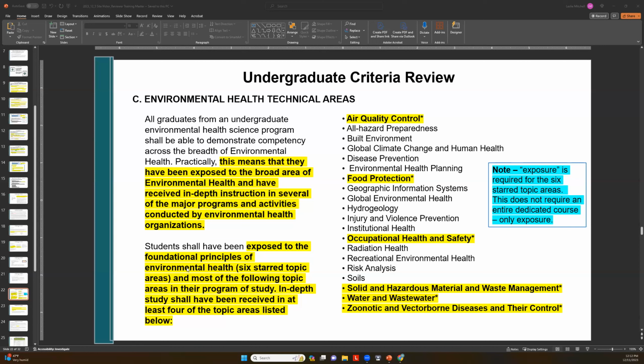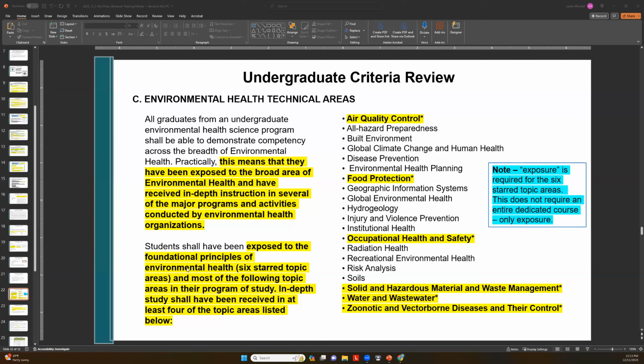So of this list that you see, from air quality to zoonotic, those areas that are highlighted in yellow, the students shall be exposed to the foundational principles of each of those. So exposed, you know, a week or two's worth of classes at least.